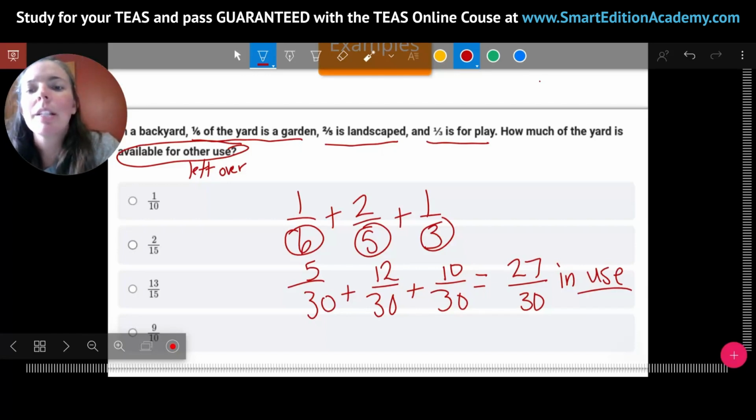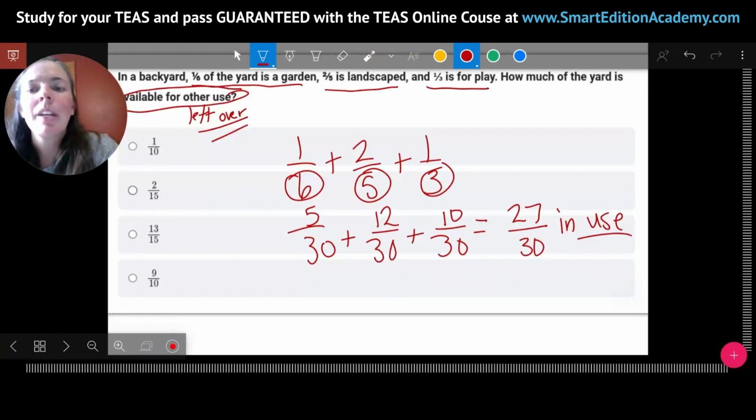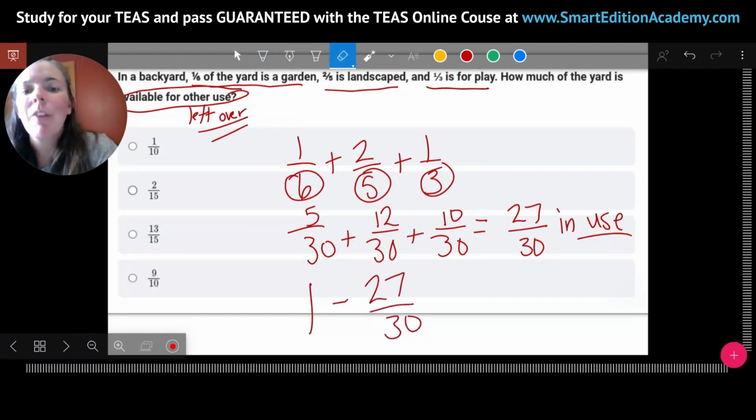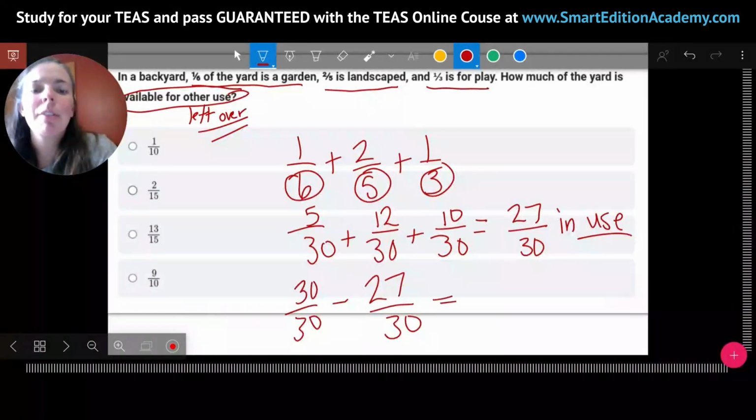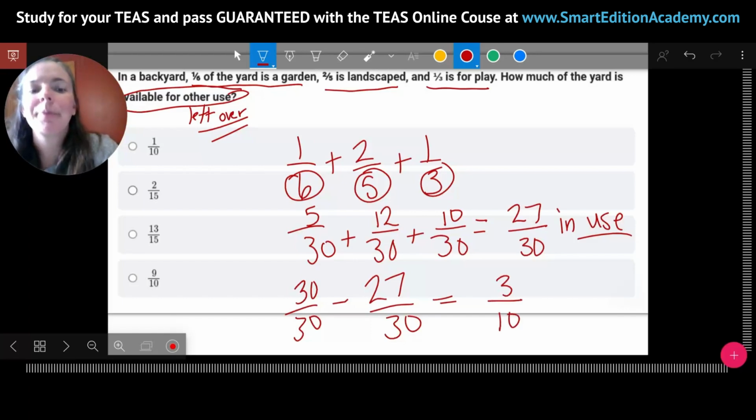But what is the question asking me? It's asking me how much is left over, how much is available for other uses. So we need to take the whole garden and subtract 27/30. So essentially we're taking 1 whole minus 27 over 30. But I can rewrite 1 as just 30 over 30. So if I do that, it's a little bit easier because now I have a common denominator. 30 minus 27 would just be 3.